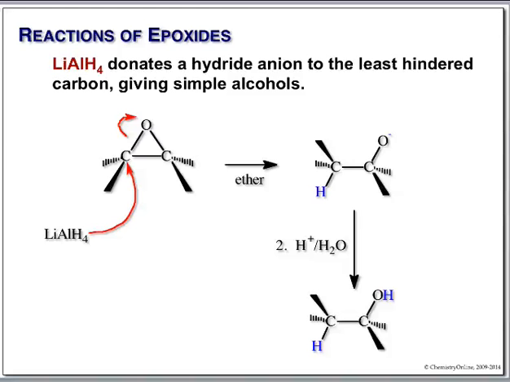So think about it, we make the epoxide from an alkene, don't we? So if we started off with an alkene, simply convert it to the epoxide, reduce it with lithium aluminum hydride, and we've made an alcohol. Nice, simple, synthetic method. Any questions? Well, let's do a few then.